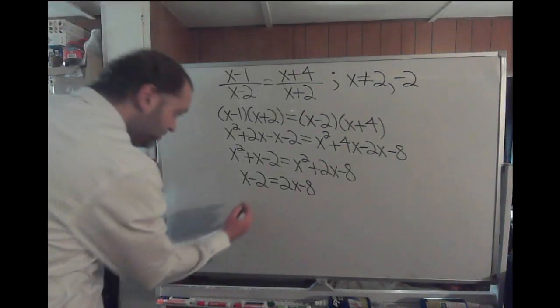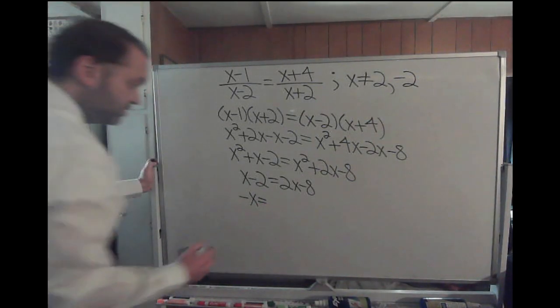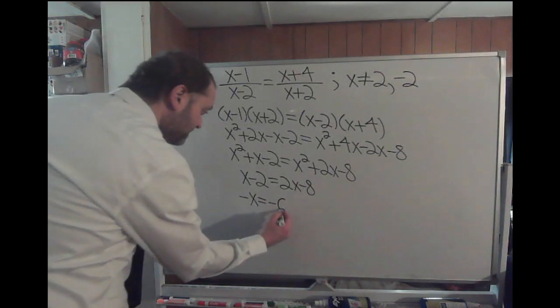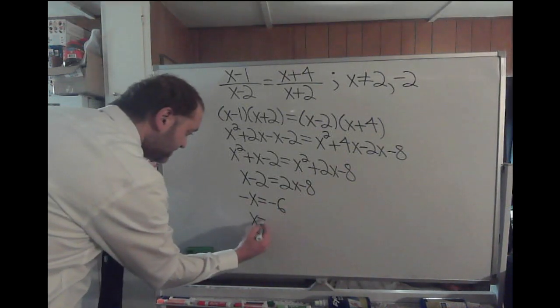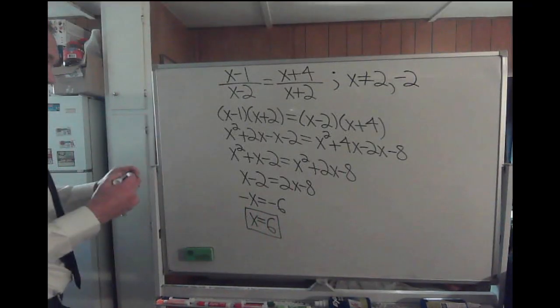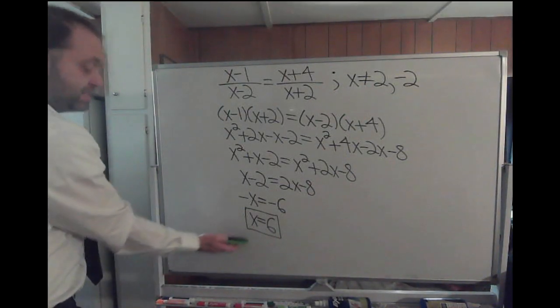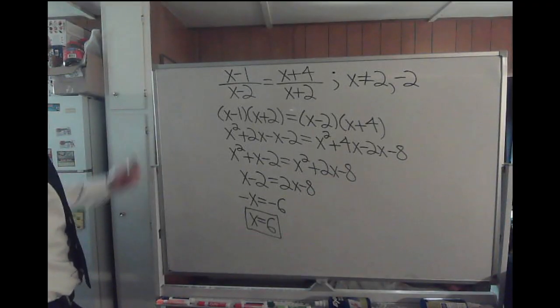Which then, if you simplify this, you'll get negative x is equal to negative 6, which can only give you that x equals positive 6. And that solution checks out since it's not a restricted solution. So x equals 6 would actually be your solution to this.